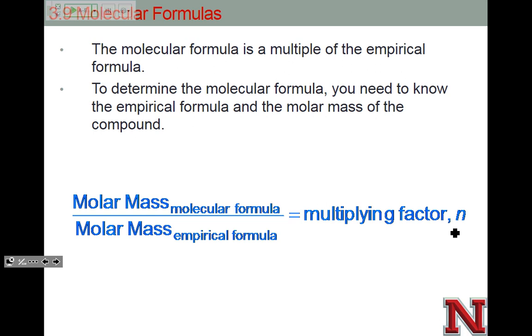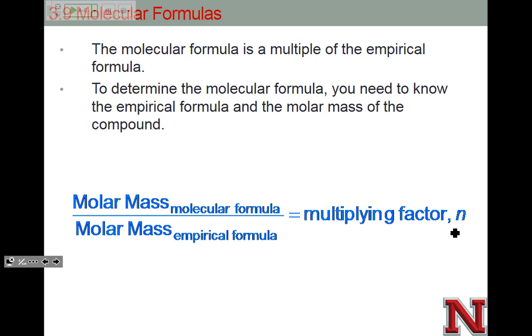So if we know the molar mass of our molecule and we figure out the empirical formula, we can divide and get a whole number. If we calculate it right, we should have a whole number. Then we multiply that number by our empirical formula, and we can figure out our total molecular formula. That's going to be really important when we talk about combustion analysis next as well.